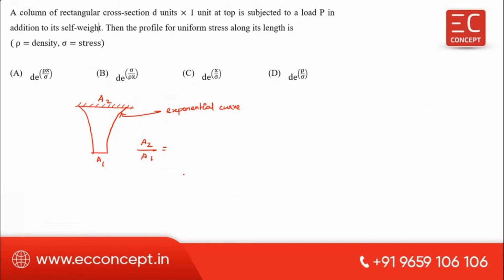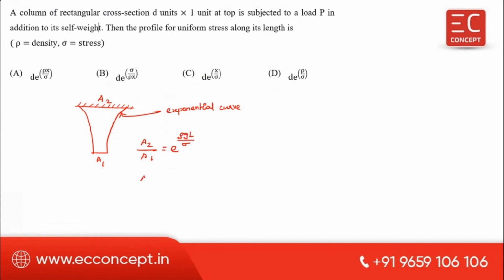e power rho GL divided by sigma. So this is the formula: exponential of rho GL divided by sigma.